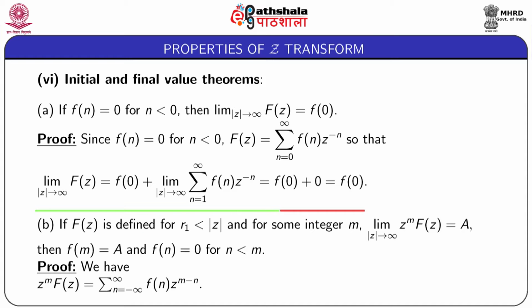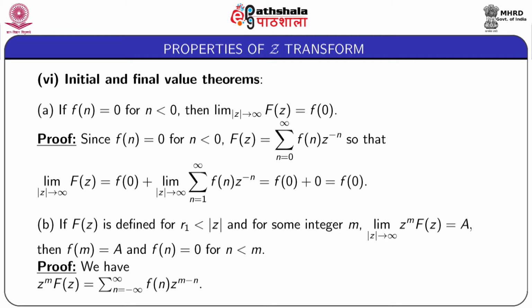So, that is equal to f(0) plus 0, because the summation is 0 as mod z tends to infinity. So, limit mod z tends to infinity of capital F(z) is equal to f(0). So, this theorem is proved.